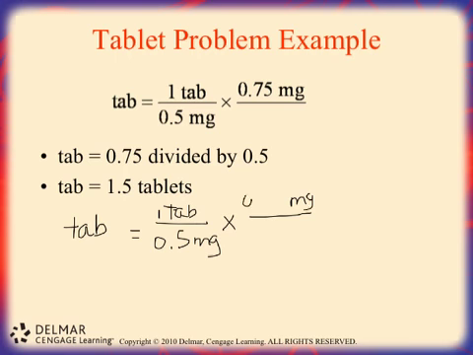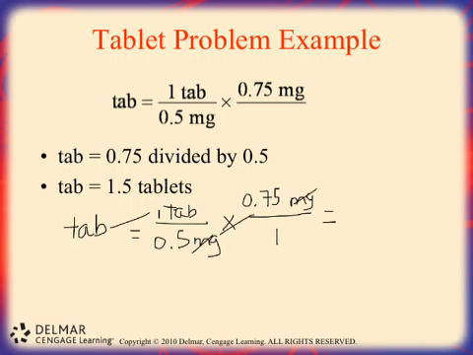This makes it really easy to know how to set it up because the same rule applies. Then you always know, and you're always doing it like this, then you're going to end up with the right answer.